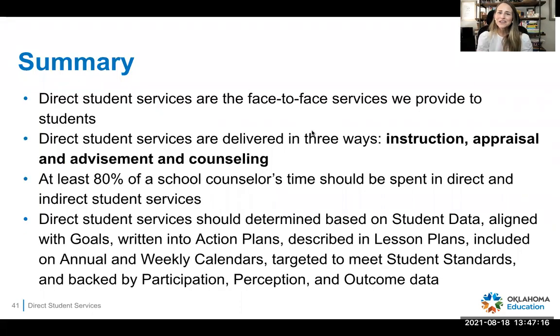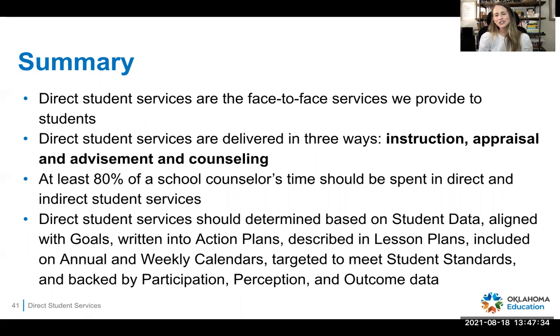So in summary, direct student services are those face-to-face services we provide to students. They're delivered in 3 ways: instruction, appraisal, and advisement, and counseling. We want at least 80% of our time to be spent in these direct and indirect student services.